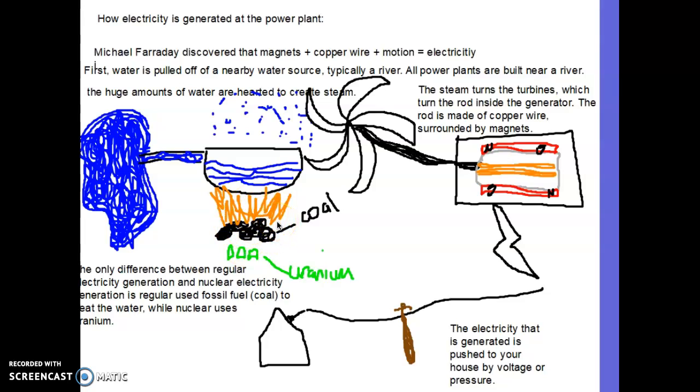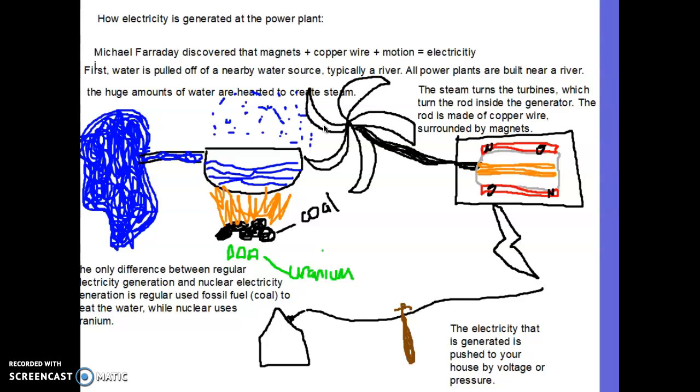It's the only thing that they can find that burns hot enough to generate the massive amounts of steam that they need to generate electricity. And if it is a nuclear power plant like Vogel, they use a couple of pieces of uranium to do the same thing.